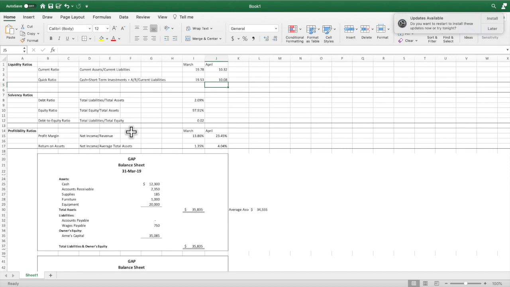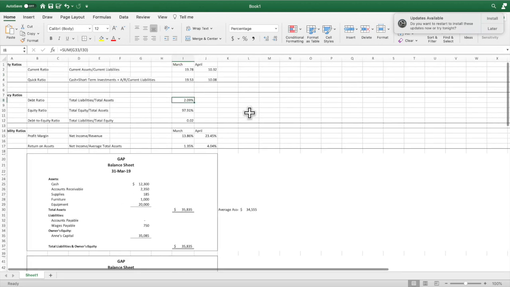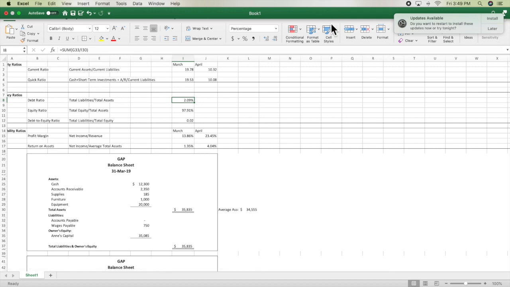So we're going to look at Greater Athletic Performance solvency ratios. So we're only looking at the first month, so March. So we're going to look at those.